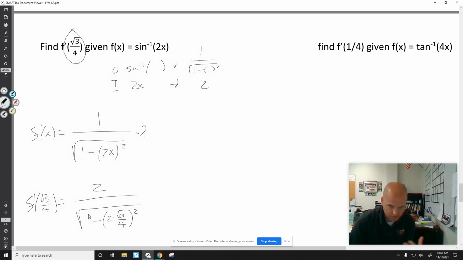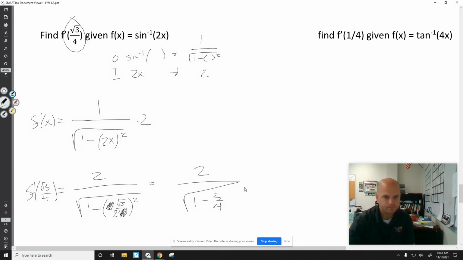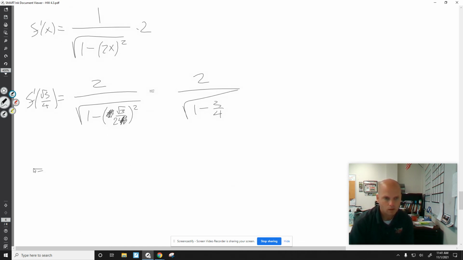Don't square it until you simplify this. Like that's something you got to do. Turns into root 3 over 2. Now root 3 over 2 squared, root 3 over 2 times root 3 over 2 is 3 over 4. Now, watch what happens here. 2 over root, and you got to be able to do this, 4 fourths minus 3 fourths is 1 fourth.